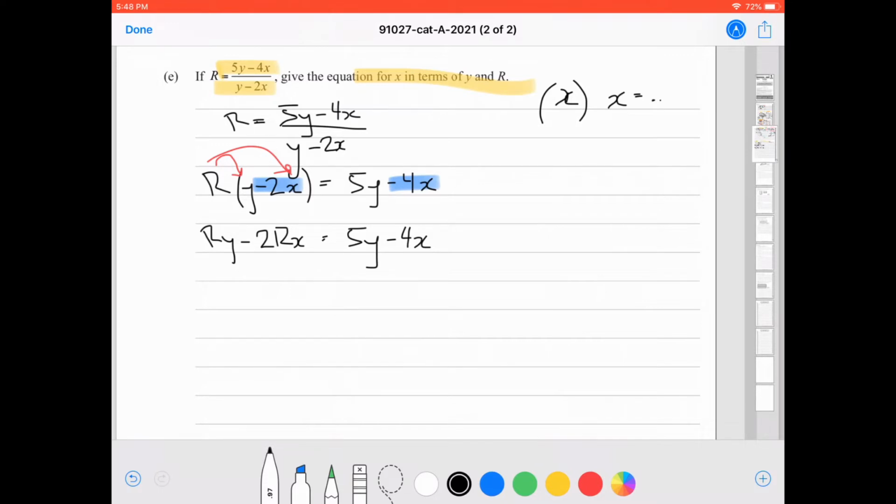So we're going to bring our 4x to the left-hand side: positive 4x minus 2rx, and at the same time we'll bring our ry to the right-hand side, so it becomes 5y minus ry. We can take x as a common factor here. We've got x, and inside the brackets 4 minus 2r, and that equals 5y minus ry.